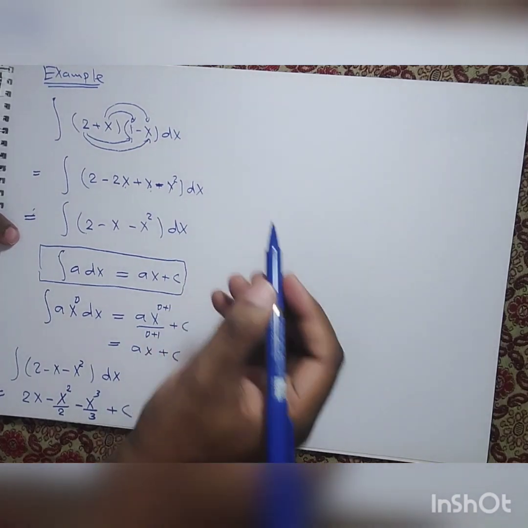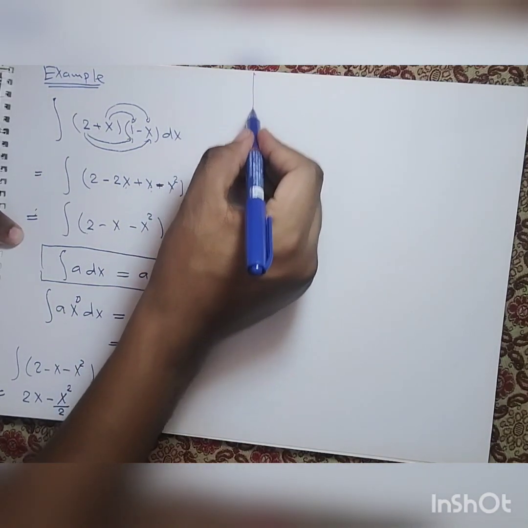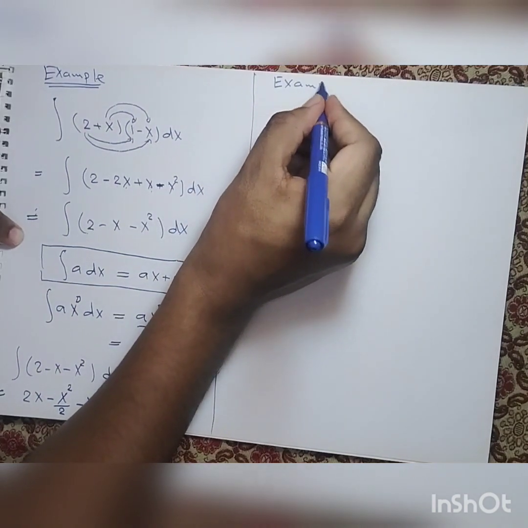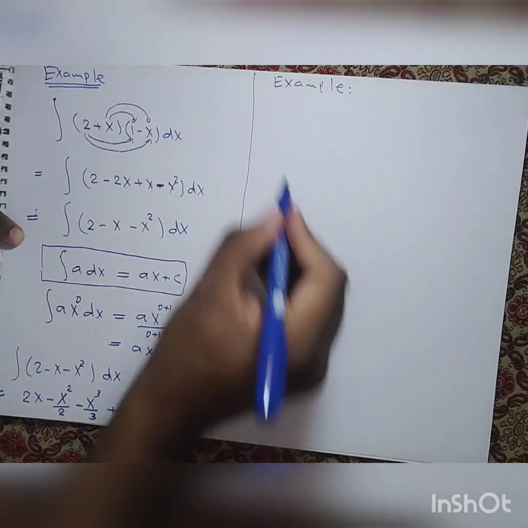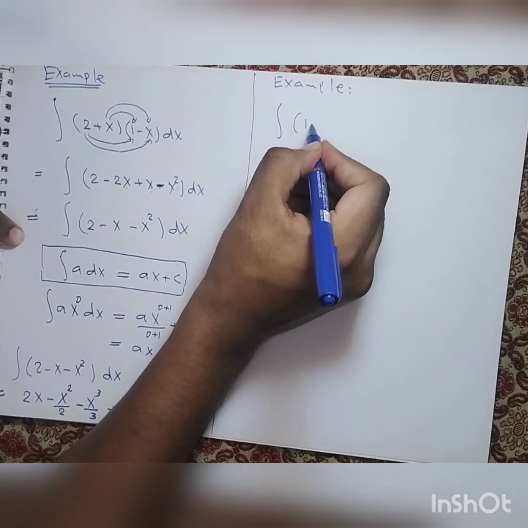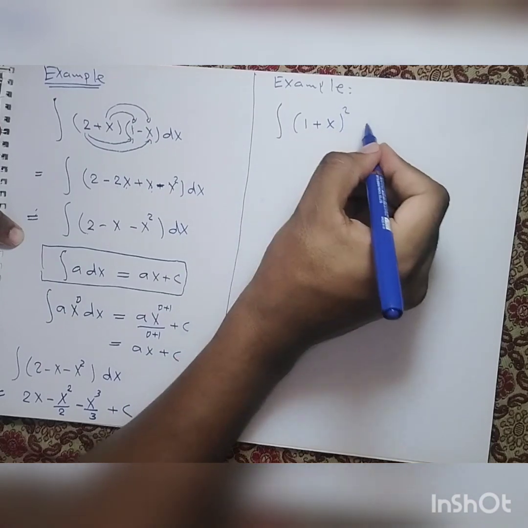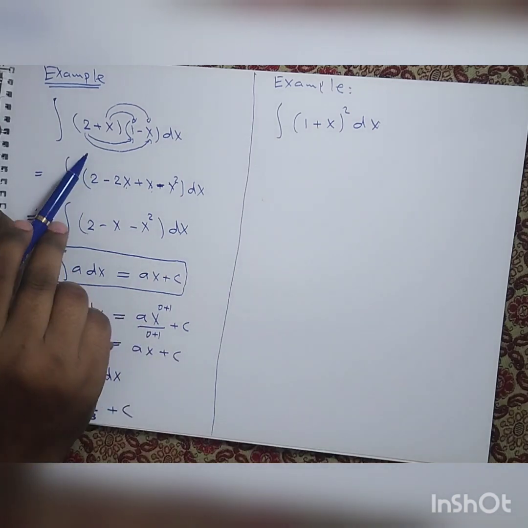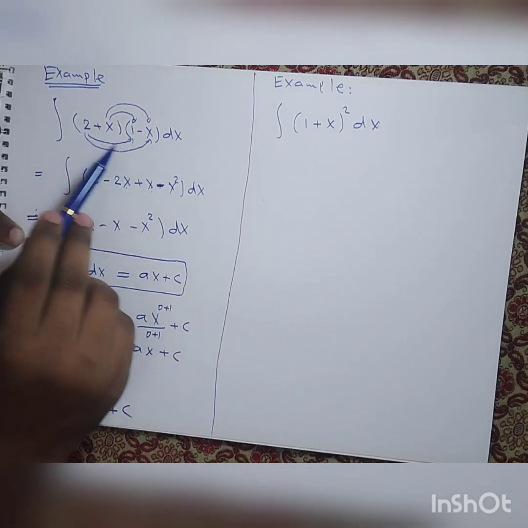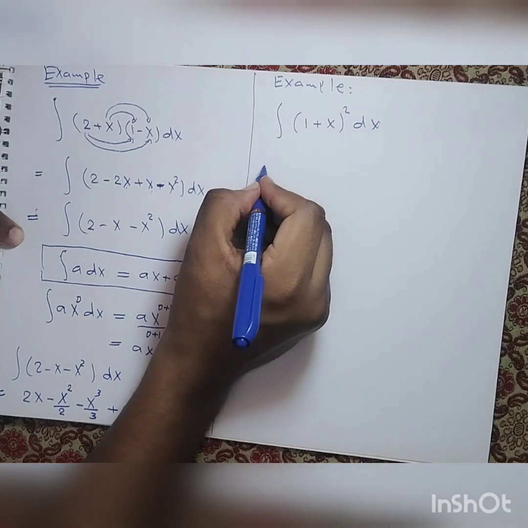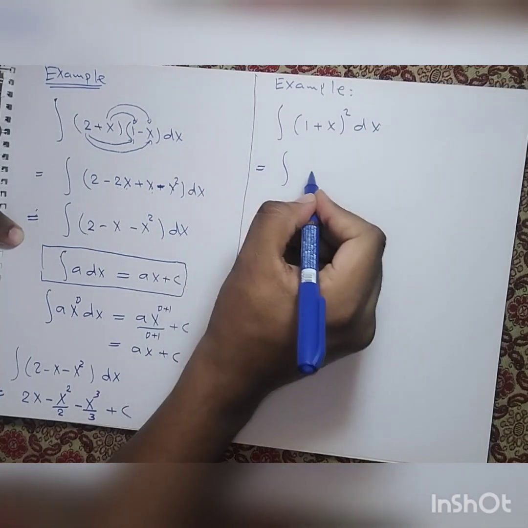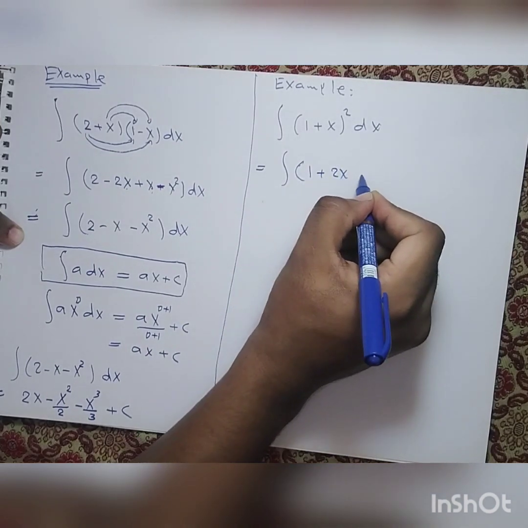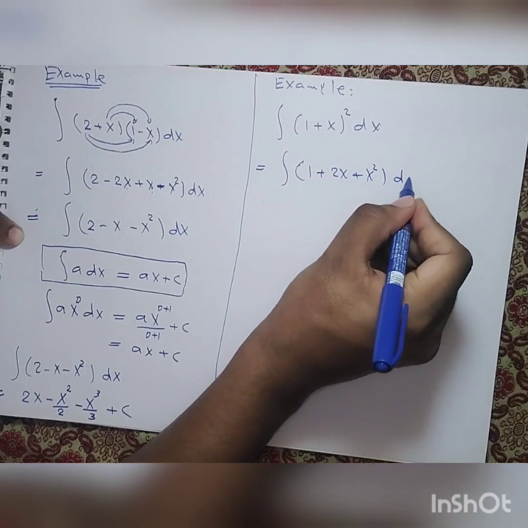So now let us take another example similar to this one. Let us say we would like to integrate 1 plus x, squared, dx. In this case we need to expand. Here we multiplied the two parentheses, but here we can expand. So this is equal to the integral of 1 plus 2x plus x squared dx.